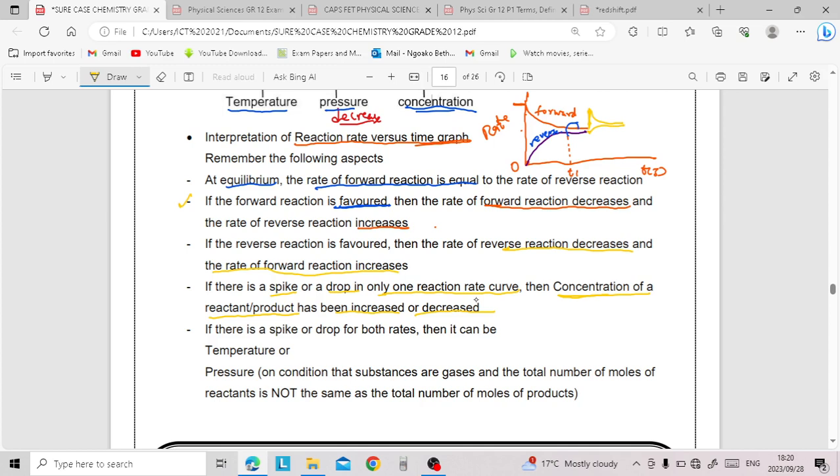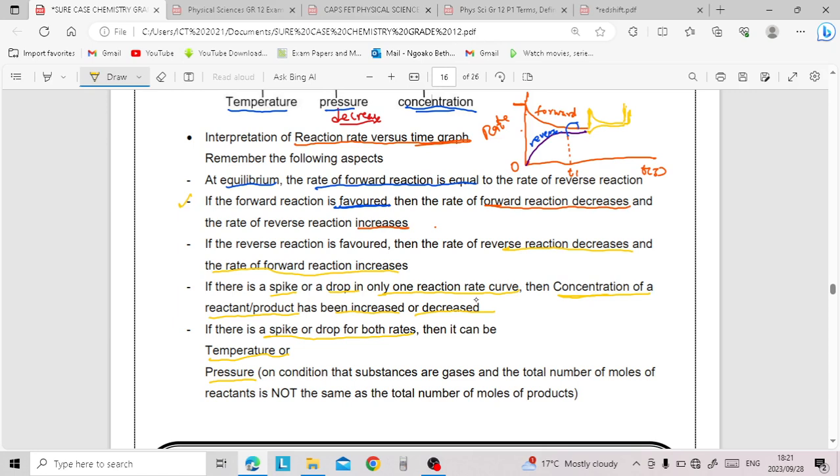If there is a spike or a drop for both rates, then it can be temperature or pressure. Meaning if we increase temperature or pressure, both must go up like this. If you see two spikes going together, then there is a pressure or temperature change.